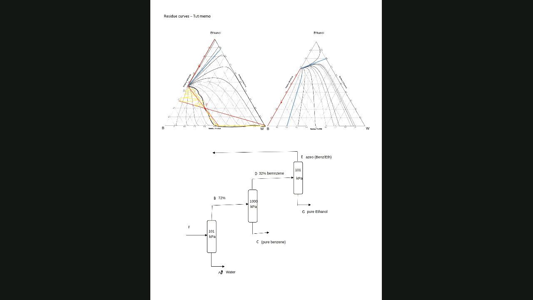For some reason, my normal pointer has changed to a hand, so I keep forgetting that I need to change to a pointer. Okay, so the last distillation column that we put in is 101 kPa. It makes pure ethanol, and it makes this azeotrope.